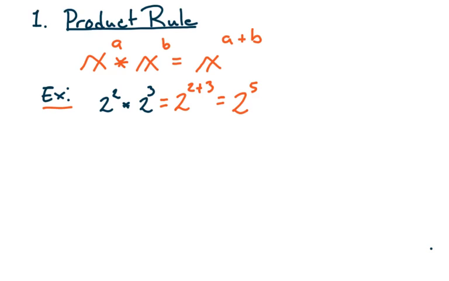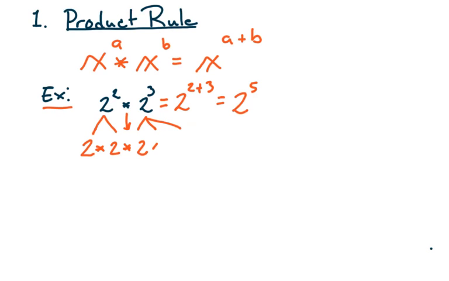Okay, let's see why that makes sense. 2 to the second is shorthand notation for 2 times 2. And then what we're doing is we're multiplying it by, what is this? This is shorthand notation for 2 to the third power.